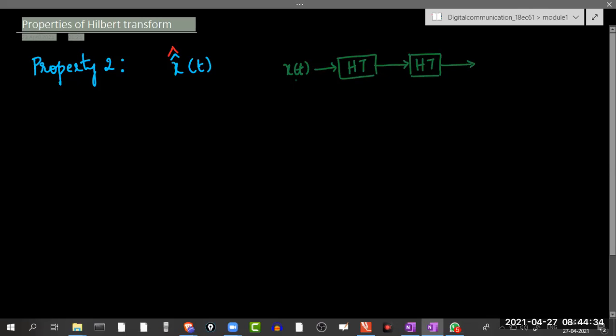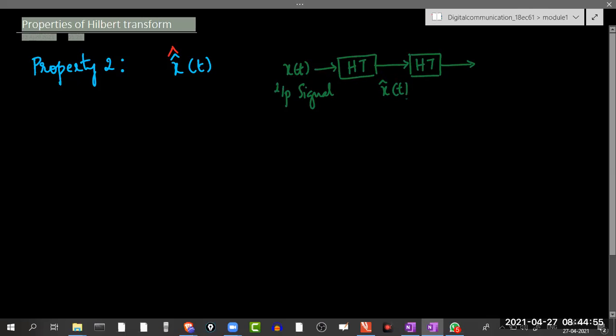So what was my initial input signal? It's x of t. And what is my intermediate output signal if I make this x of t pass through the Hilbert transform? I'll get it as x cap of t.